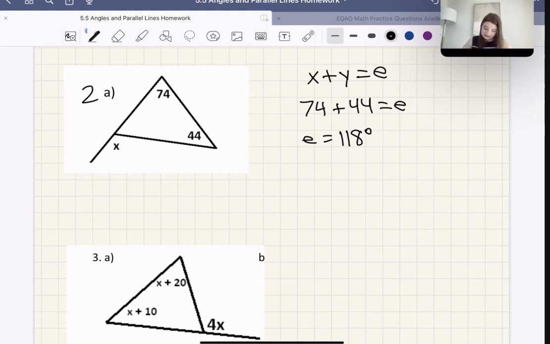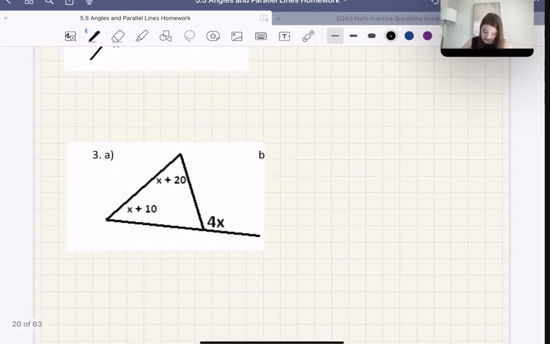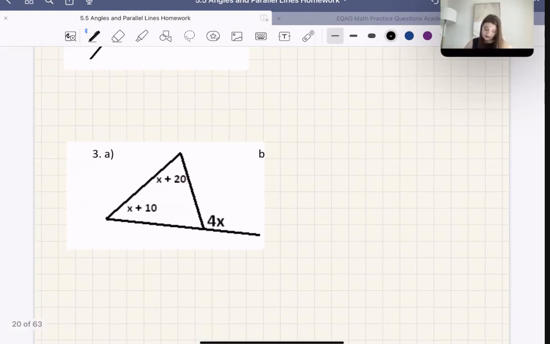Okay. And then for 3A, we have these 3, right? And then the goal is to solve for x. I should mention what the goal is. The goal is solve for x. So to solve for x, I'm going to use the equation of this angle plus this angle gives us the exterior angle.